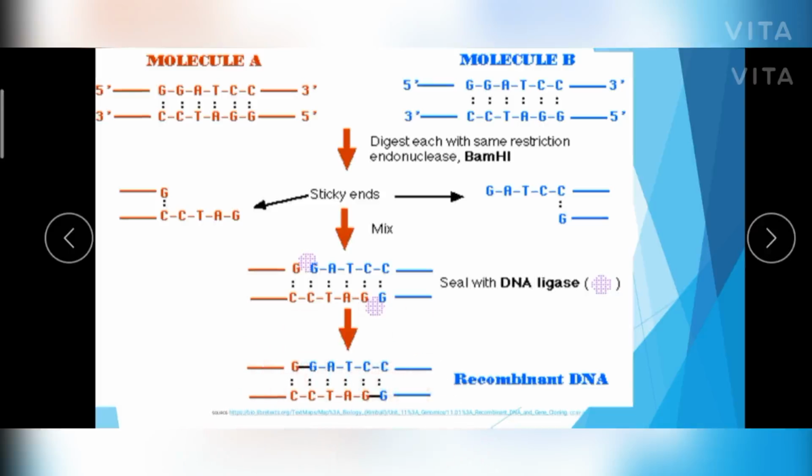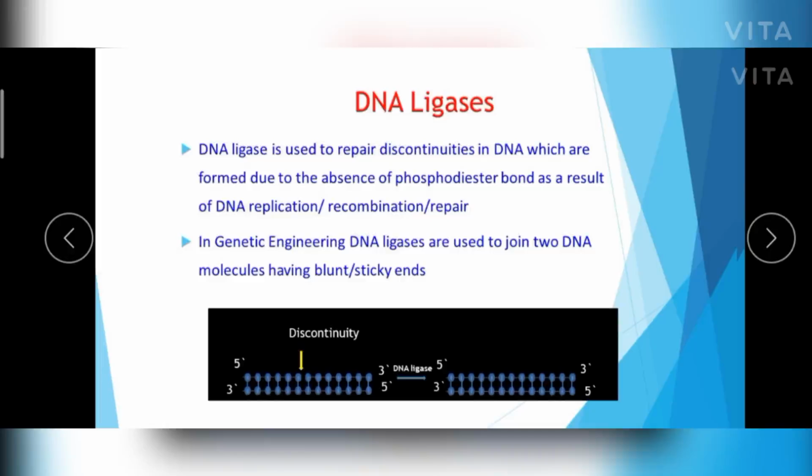Coming to the biological significance, these enzymes are mainly helpful during replication, recombination and repair. Wherever the phosphodiester bond is lacking, discontinuities are formed, and these are repaired by DNA ligase.